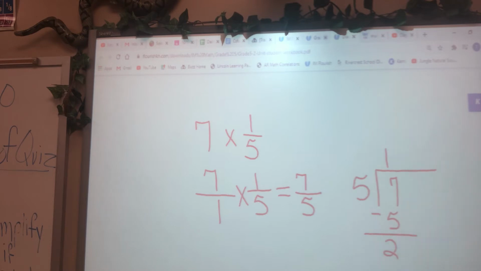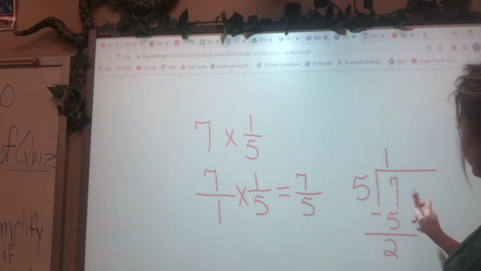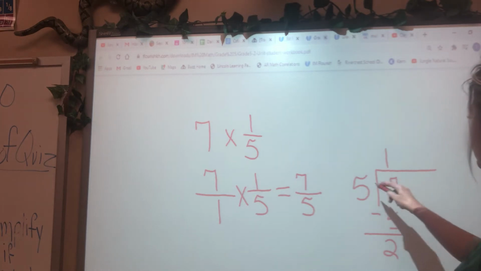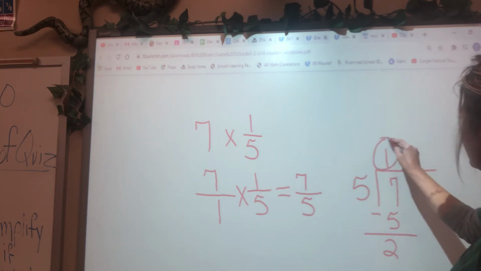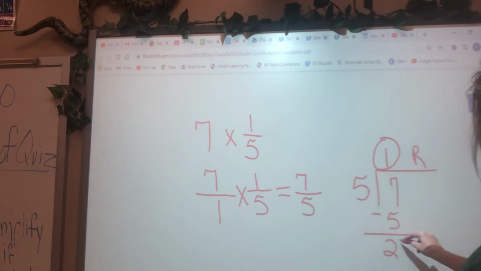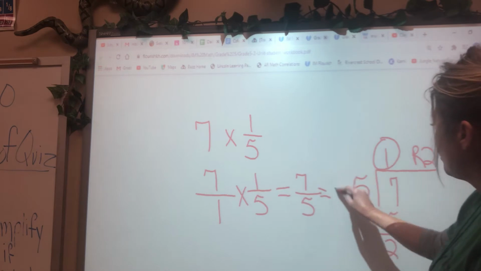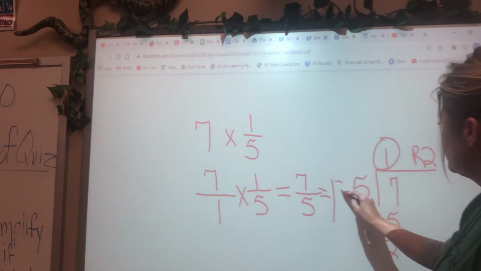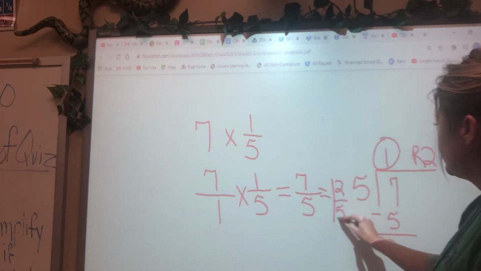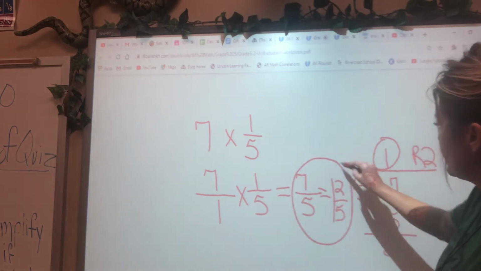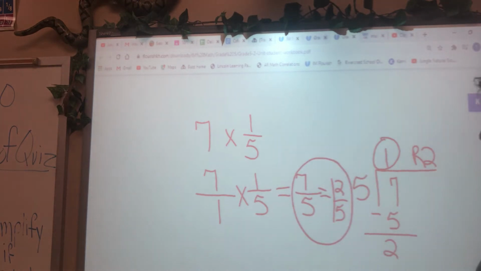I don't have anything else to drop down, and 5 won't go into 2, so I know that I have 1 whole one with a remainder of 2. So 7/5 is equal to 1 and 2/5. So that would be my final answer on that problem.